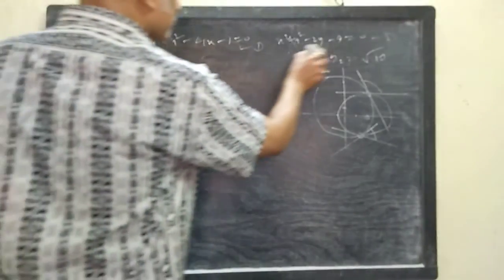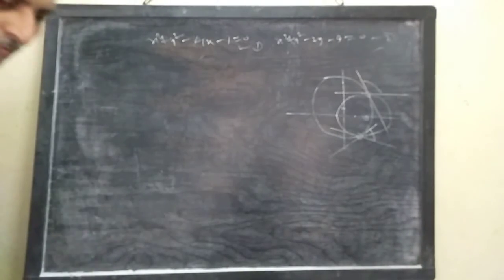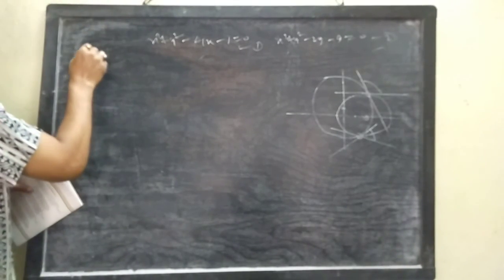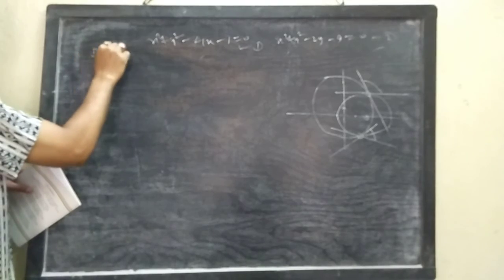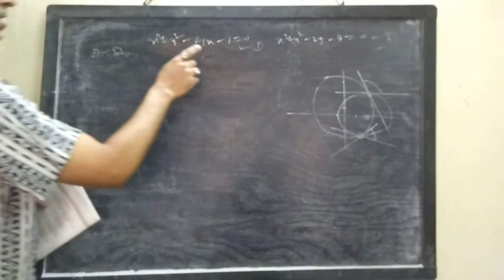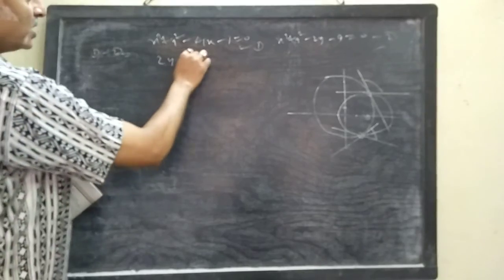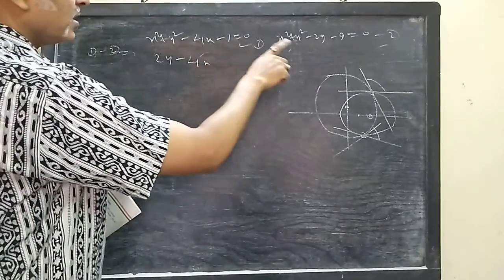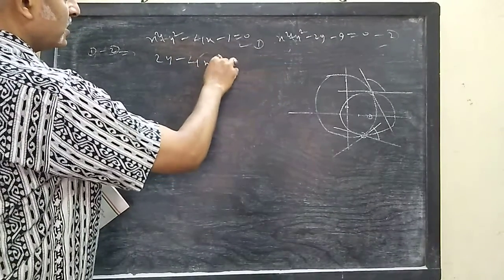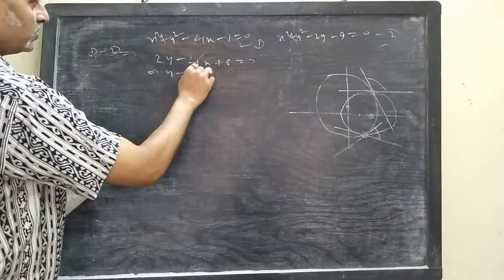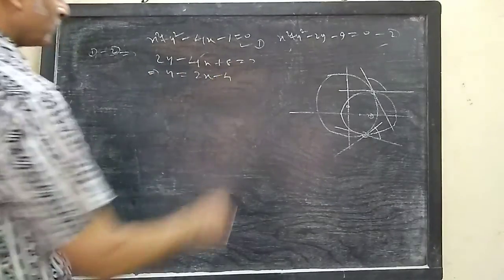Now subtracting 2 from 1, you get 2y minus 4x minus 1 plus 9, that is plus 8 equals 0. So ultimately you get y equals to 2x minus 4.